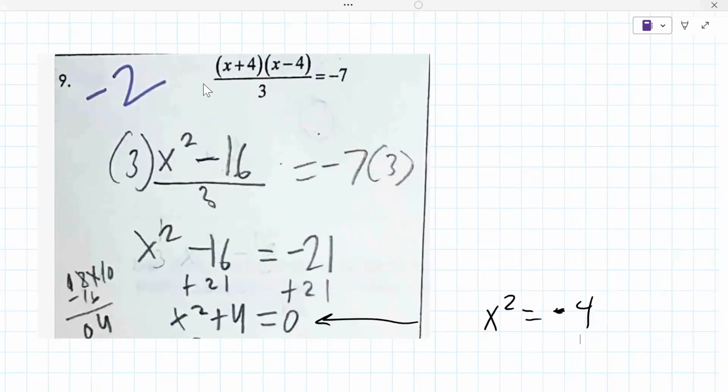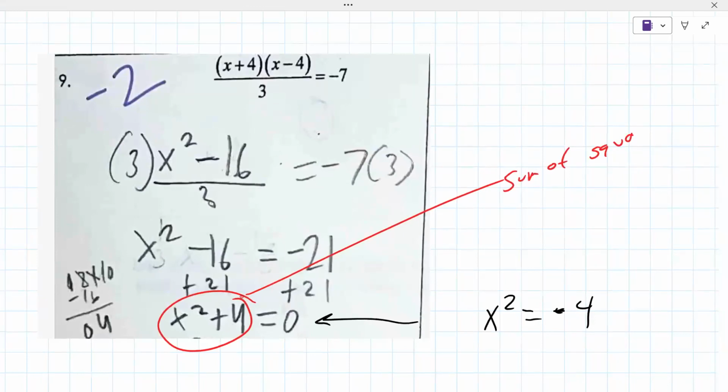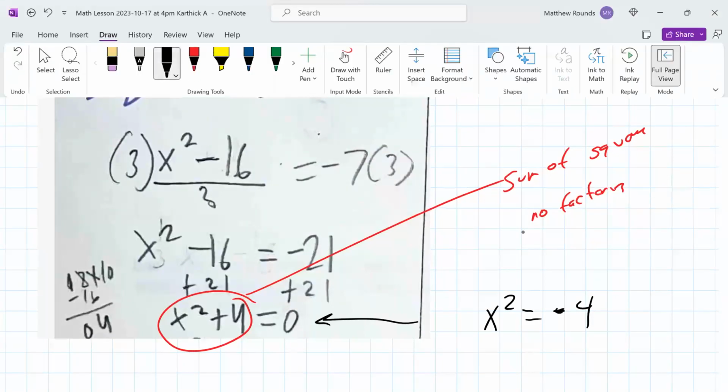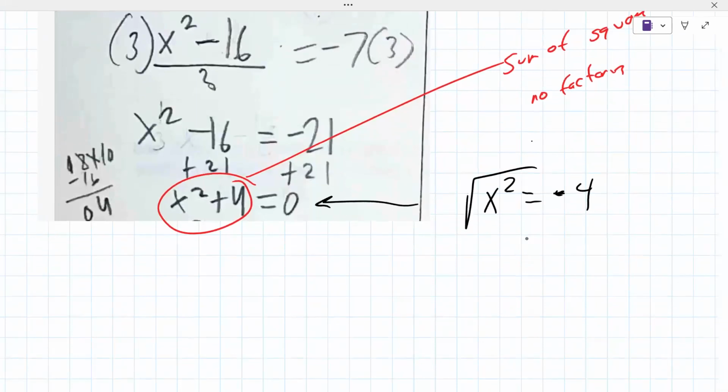This on the left is called a sum of squares, which there's no factoring of. Got it. All right. So when you take the square root of both sides, you get x equals plus or minus 2i, like that. Got it.